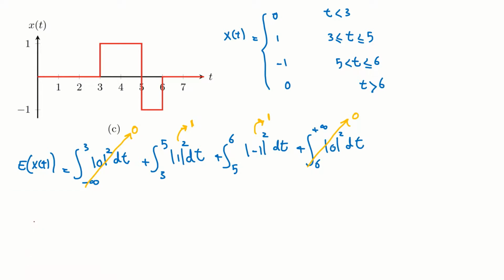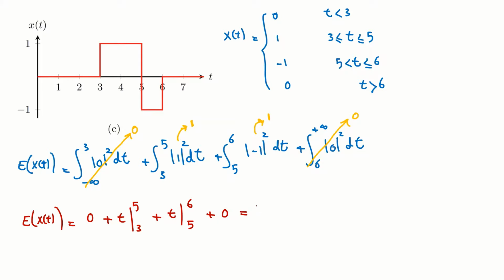If I replace that, the energy of the signal equals 0 plus the integration of dt over this interval, which is t from 3 to 5, plus again the integral of dt, which is t, from 5 to 6, plus 0.